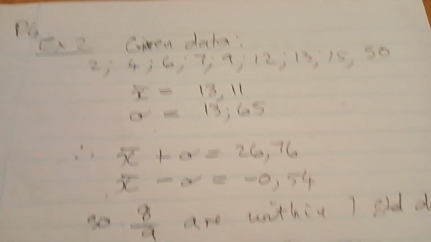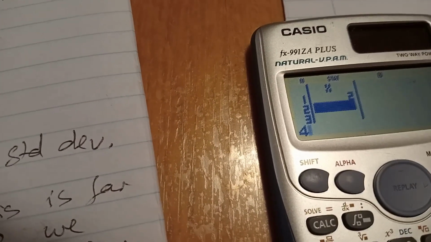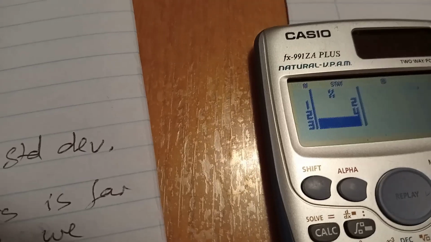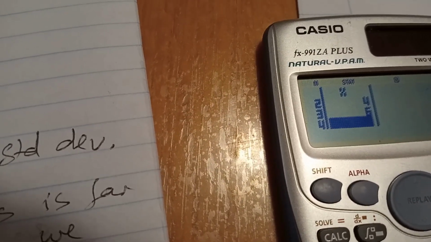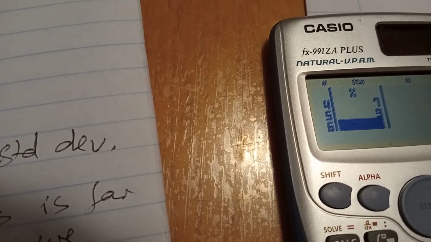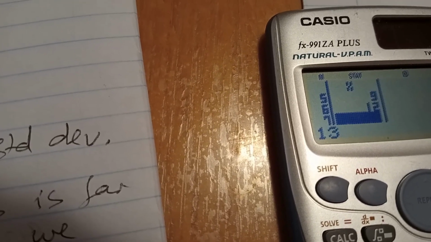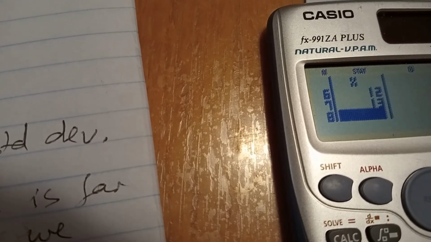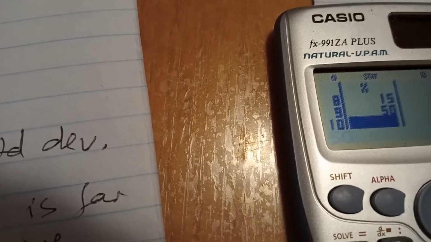And so let's start inputting our data. So 2 equals 4 equals 6 equals 7 equals 9 equals 12 equals 13 equals 15 equals, and then 50 equals.